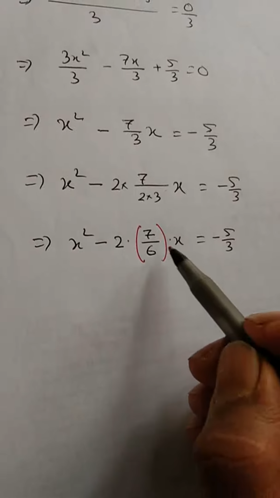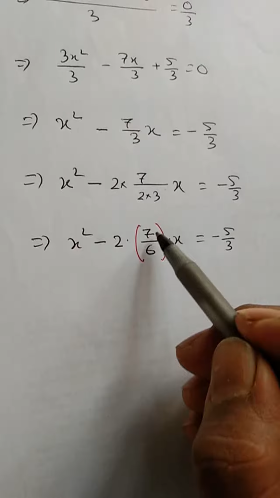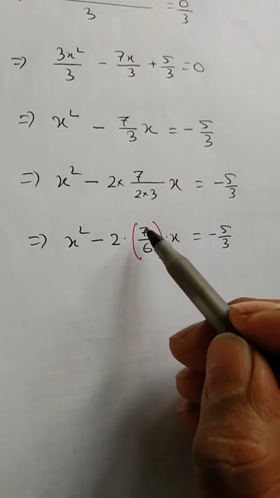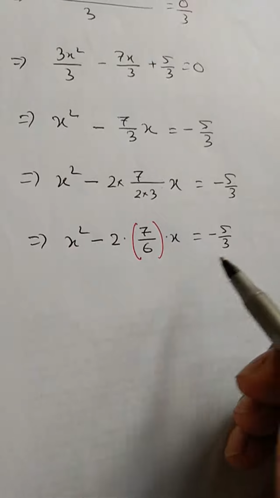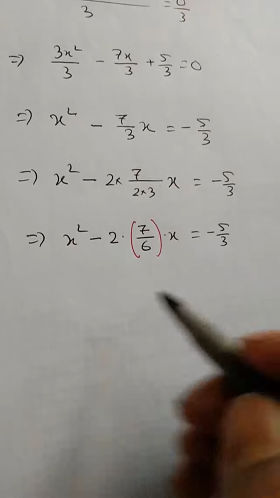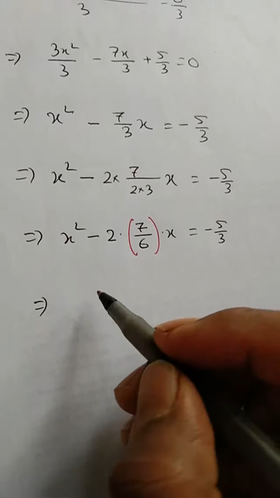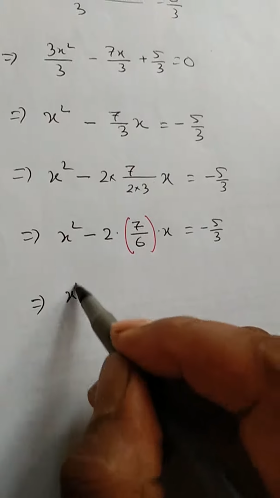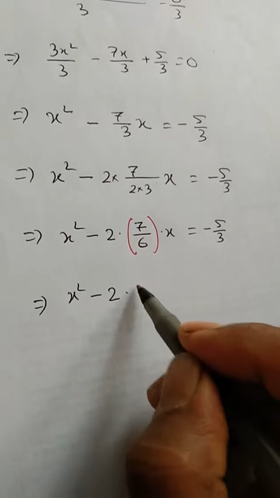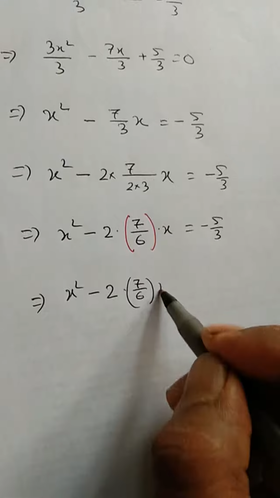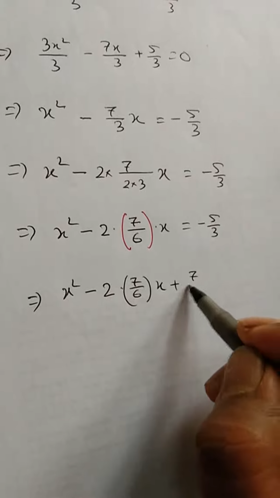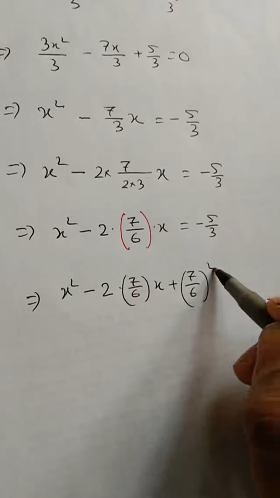Next step, in between 2 and x we have 7 by 6. So this 7 by 6 square we have to add on both sides. So then this will be x square minus 2 into 7 by 6 into x plus 7 by 6 whole square.